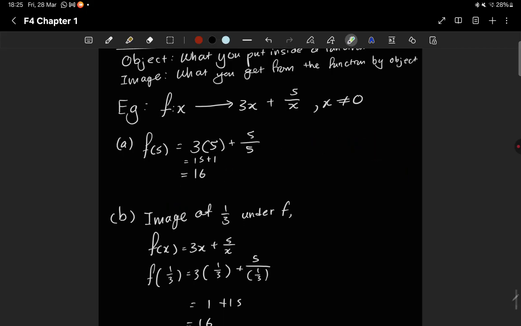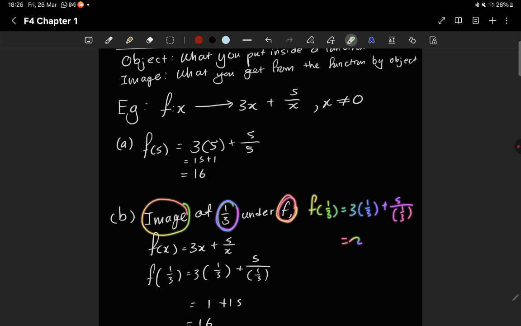And you could also get a question, the image of 1/3 under f. So they want you to find the image of the x value of 1/3 using the function f. So technically, all you have to do is sub the 1/3 inside the function, which gives us 1 plus 15, and we get 16.